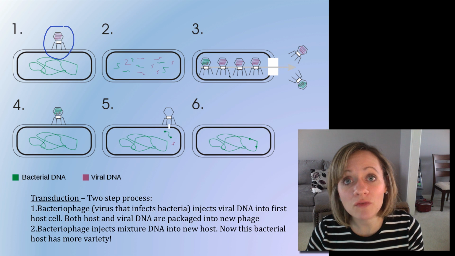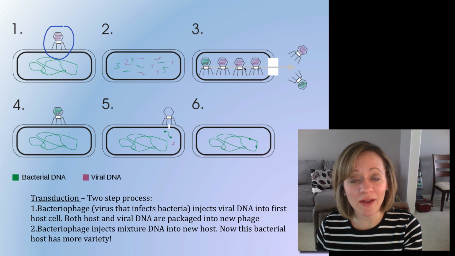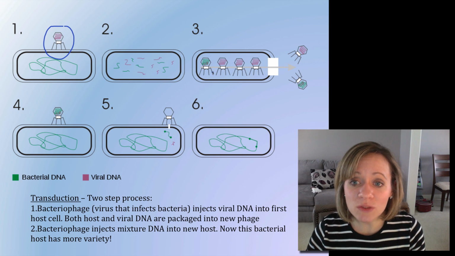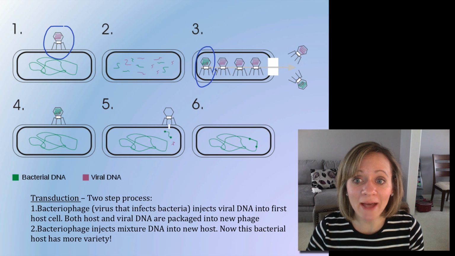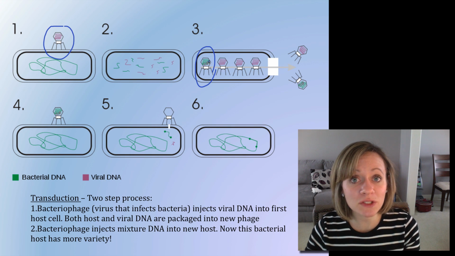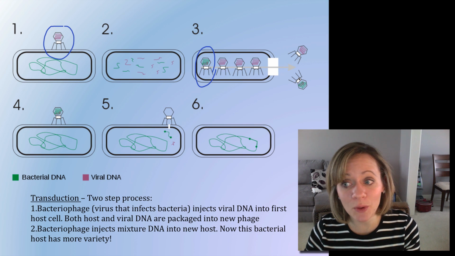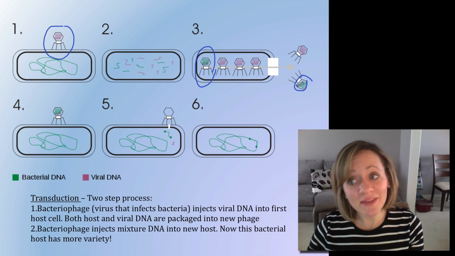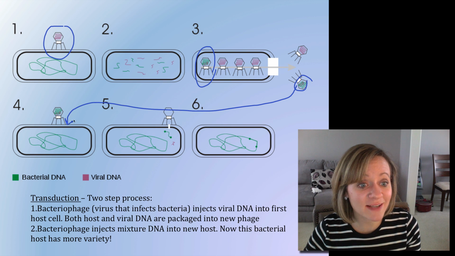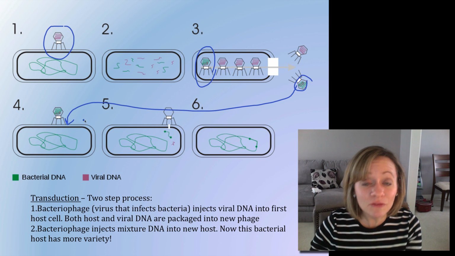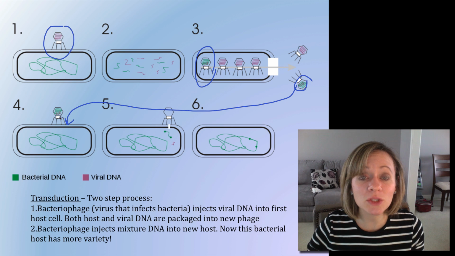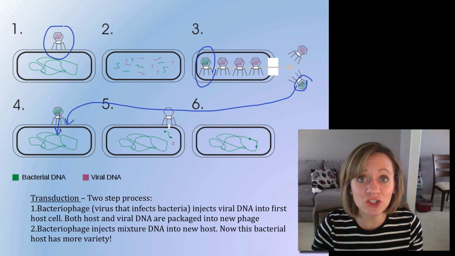Then when new viruses are packaged, and we'll look at how that happens later in the video, this one little virus here actually packages both a little bit of host bacterial DNA and a little bit of the viral DNA. See how it's got both green and purple. Well, then this guy is going to go and infect another bacteria, a different host cell, and it's going to inject this little recombination of both.